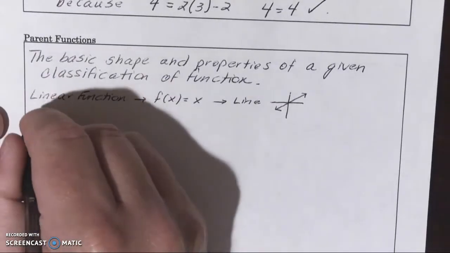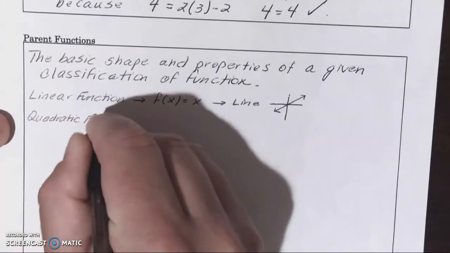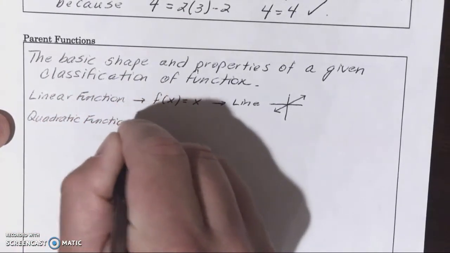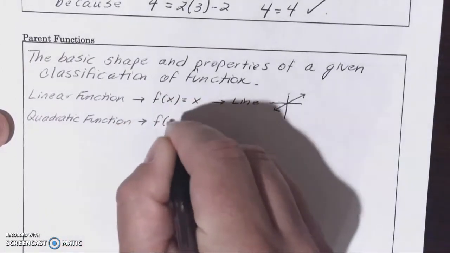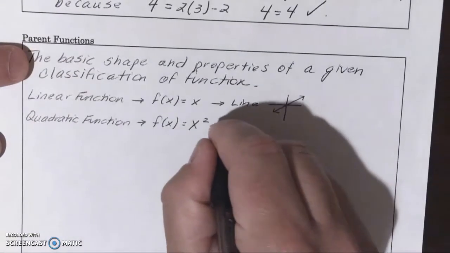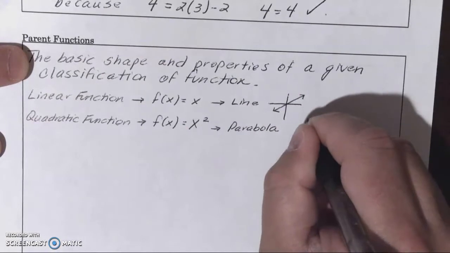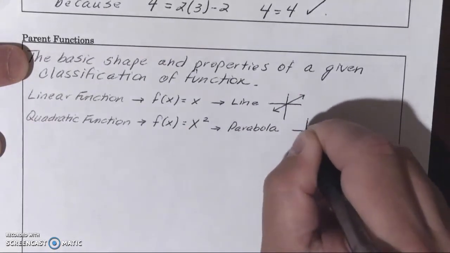Okay. We could have a quadratic function. The parent quadratic function would be f of x equals x squared. It has a name for its shape as well.